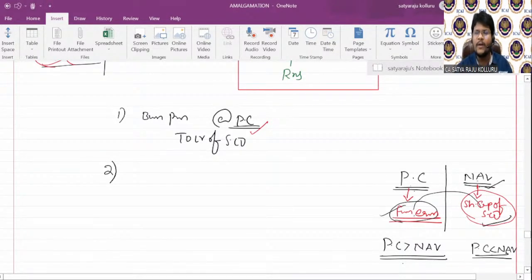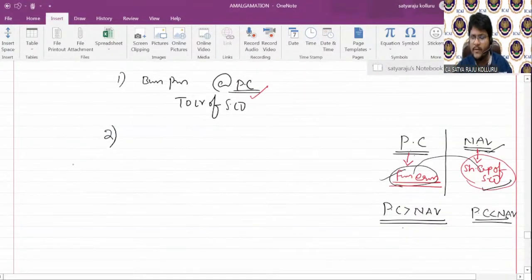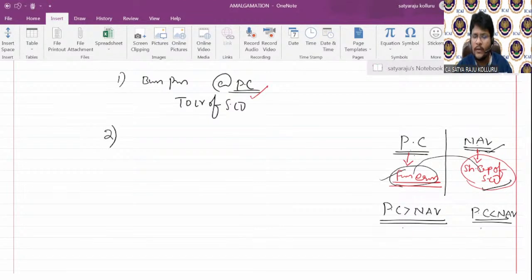If the worth of the equity shares going to be issued, that is PC, is greater than NAV, what are the adjustments to be made from the purchasing company angle? Or if the purchase consideration is less than NAV, meaning the worth of shares issued as PC is less than the share capital of the selling company, what adjustment needs to be done? Now concentrate.